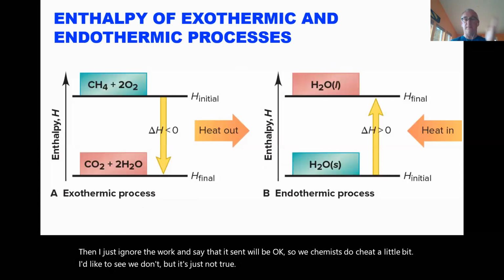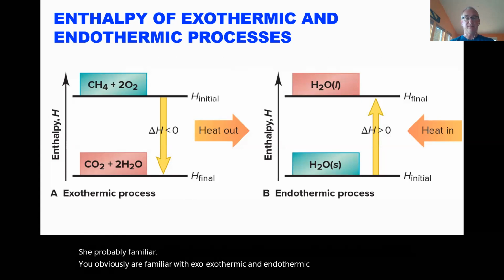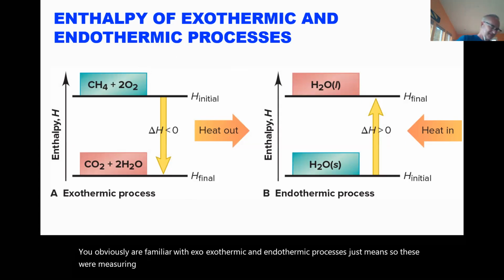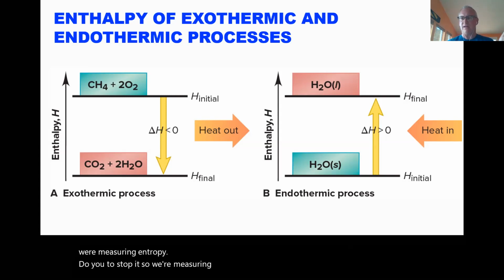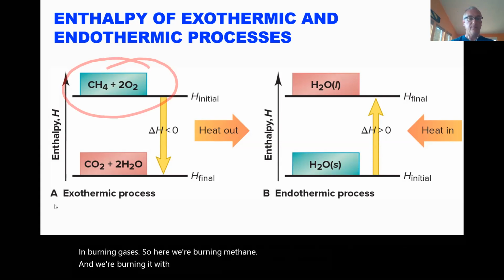So you obviously are familiar with exothermic and endothermic processes. We're measuring enthalpy again, so we're measuring heat going in, heat coming out. So when we're burning gases, here we're burning methane, and we're burning it with oxygen, as you burn things with.